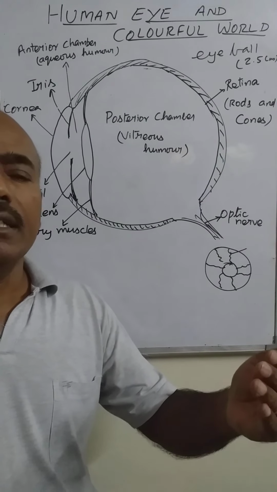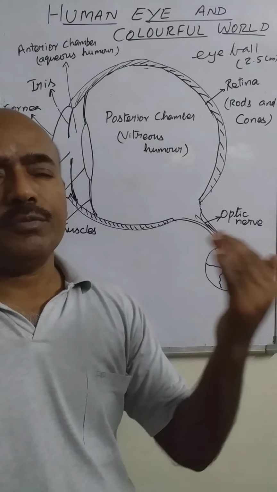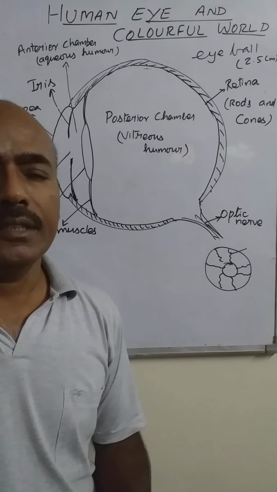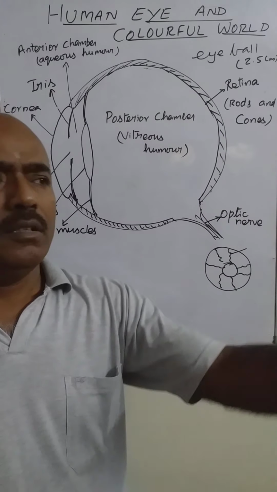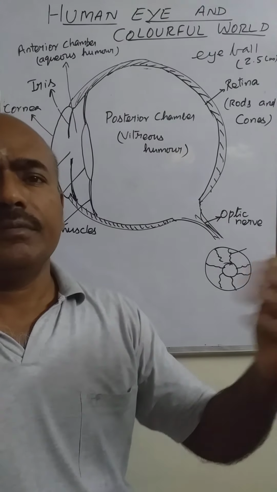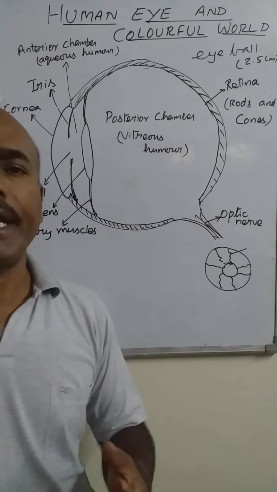If the light is excessive, very bright light is coming, suppose you are standing in front of a car or a bus, the light coming from the headlight of the vehicle is very bright.